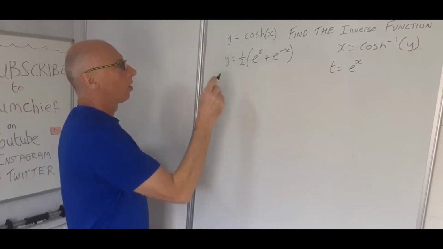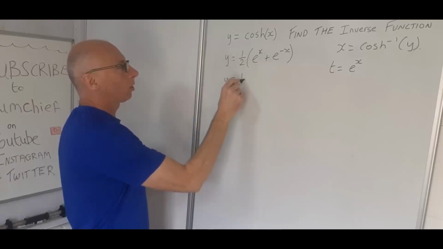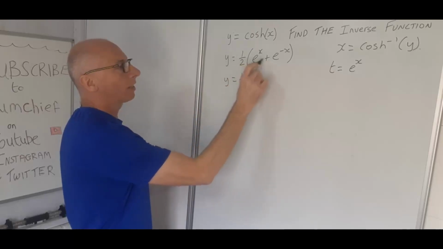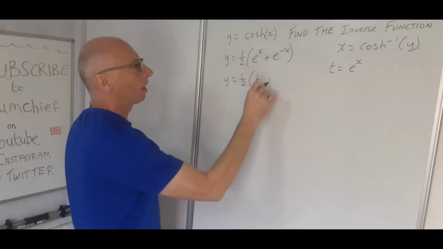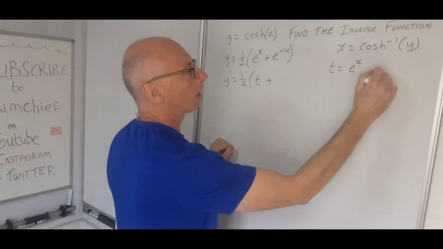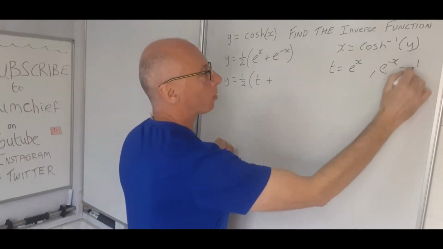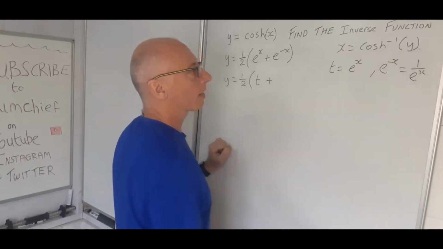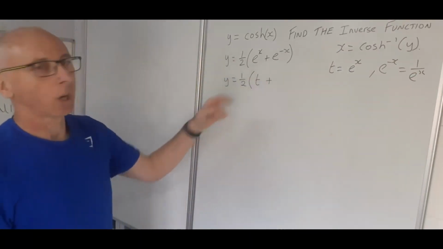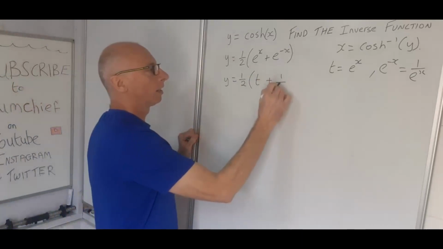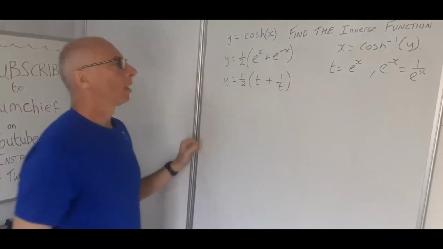So I've now got y equals 1/2, e to the x, which is t, and then e to the minus x. Well, e to the minus x is the same as 1 over e to the x, so basically we've got 1 over t in this part.